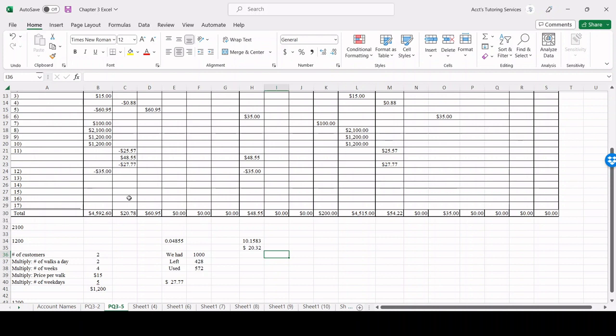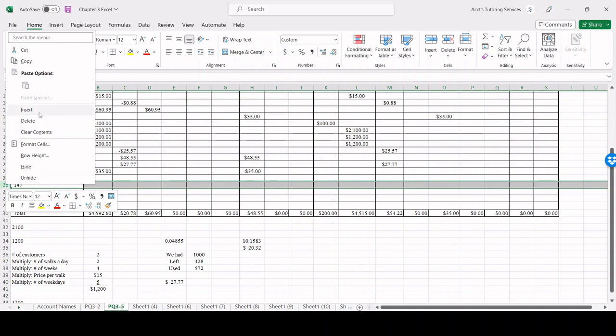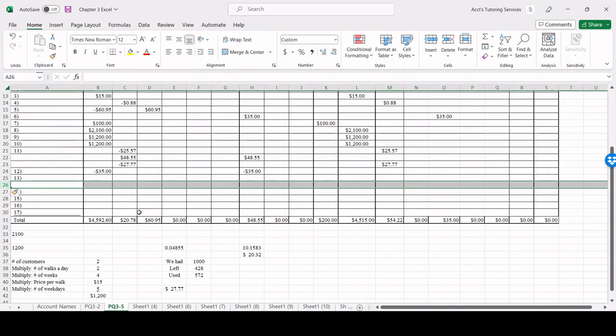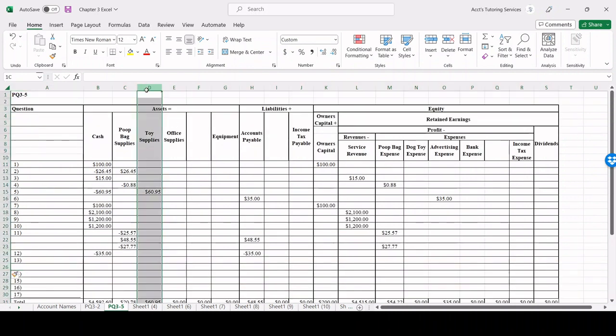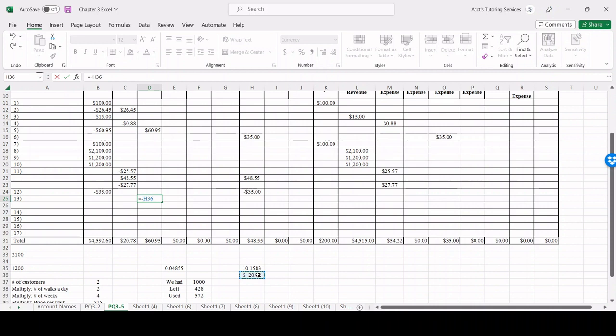So in this situation, transaction number 13 is going to impact two different accounts, so we're going to break it down into two different transactions. First, we're going to reduce toy supplies by the 20.32.